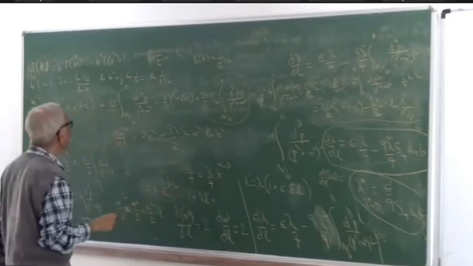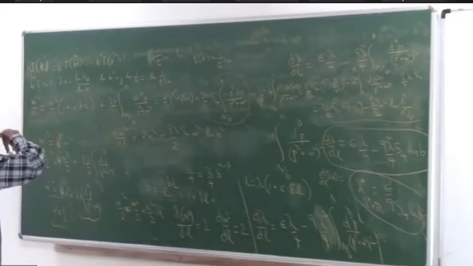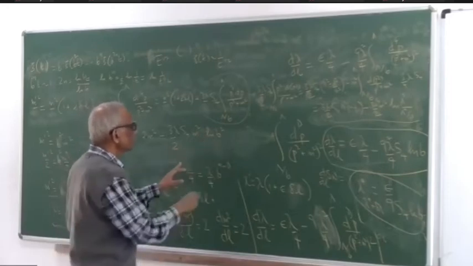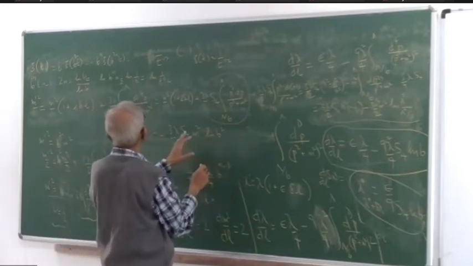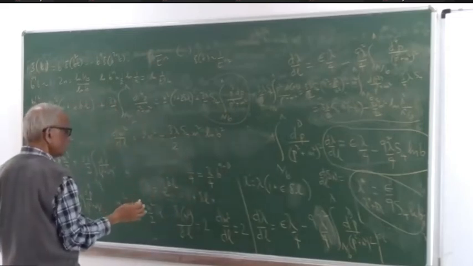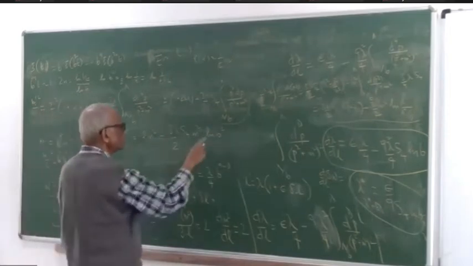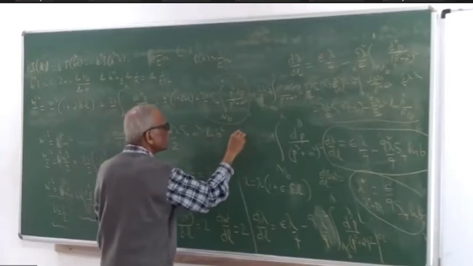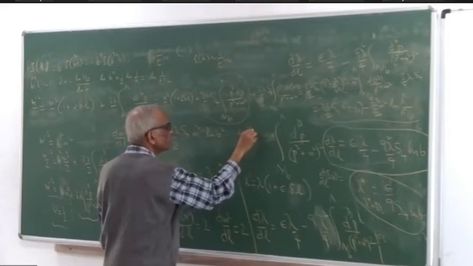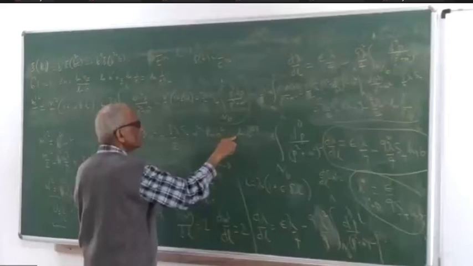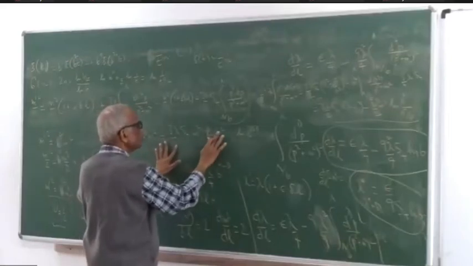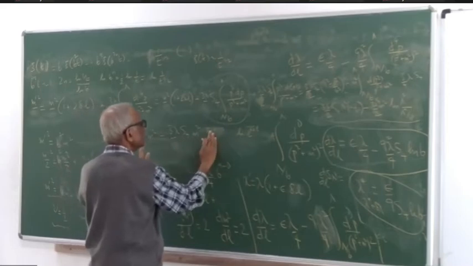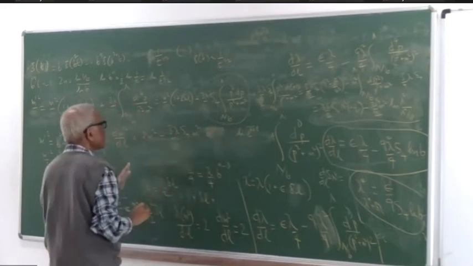But b square is e to the power 2 delta L. I mean that b is e to the power delta L, b square is e to the power 2 delta L. So log of b square is log of e to the power 2 delta L. So this is 2 delta L. So that cancels the 2 over here and gives me a delta L. That delta L is taken care of over here, and therefore I have this.